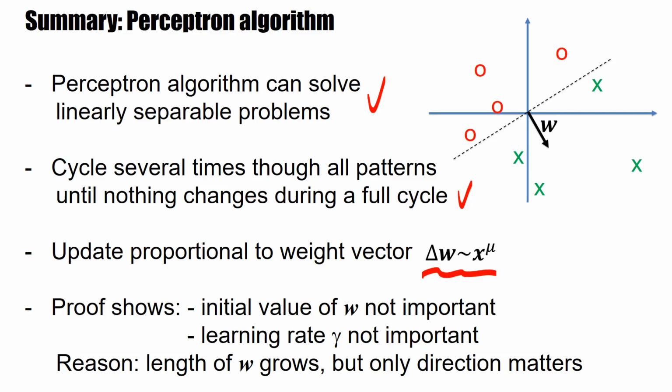So delta W is positive in direction of x mu if I have a positive example, and it's anti-parallel if I have one of the negative examples that are mismatched. The proof shows the initial value of the weight vector is not important. The learning rate is not important. The reason is the length of the weight vector W grows. And in the end, for these classifications, only the direction matters.